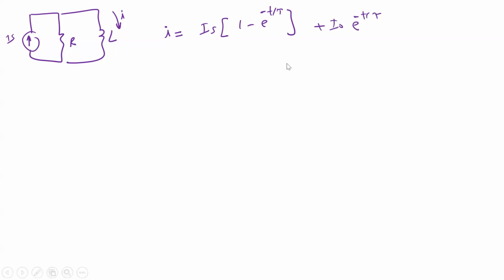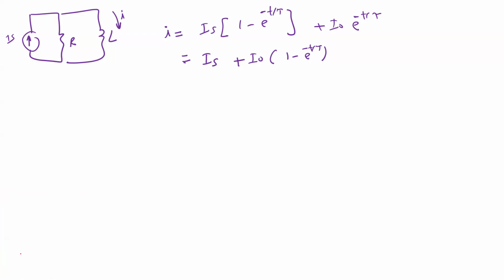By the way, I can rewrite this in a different format: I equals IS plus (I naught minus IS) times e to the power of minus t divided by tau. They are the same. I just did some manipulation to the equation.